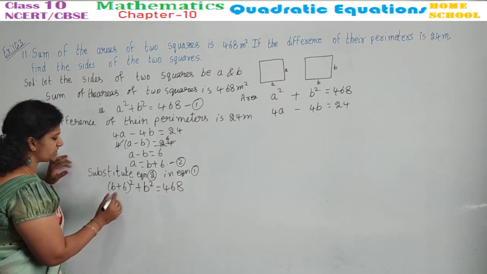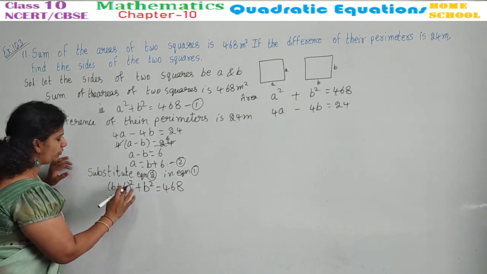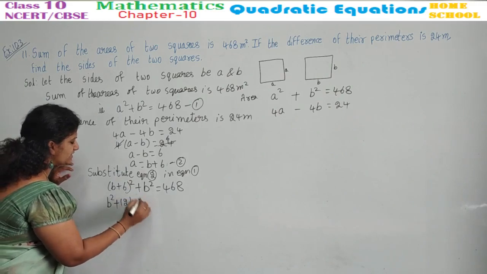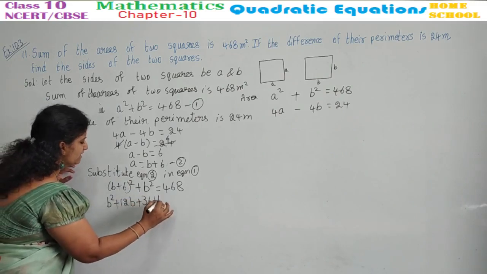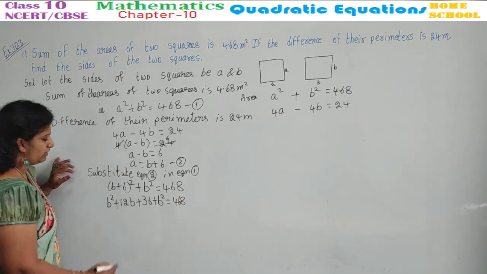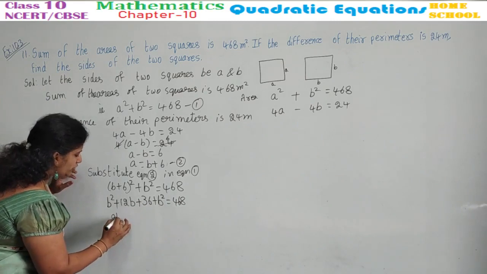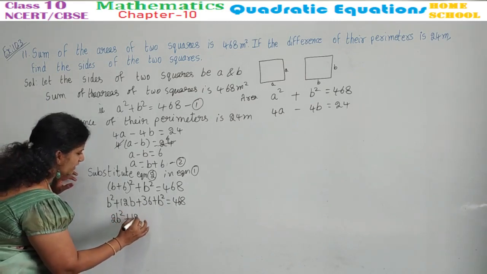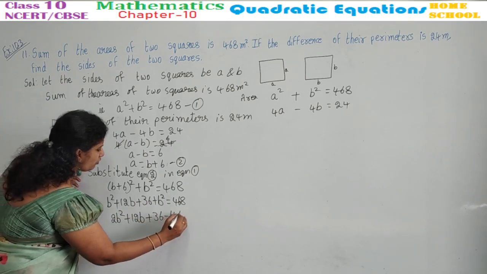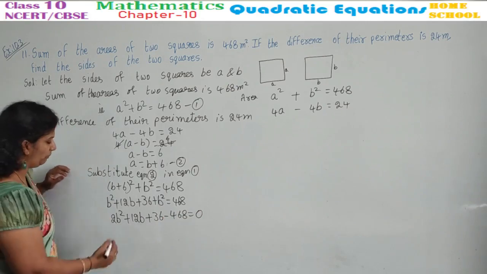Apply a plus b whole square formula. B square plus 2 into b into 6, 12b, plus 6 6s are 36, plus b square is equal to 468. Now b square plus b square will be 2b square plus 12b plus 36 minus 468 equal to 0.